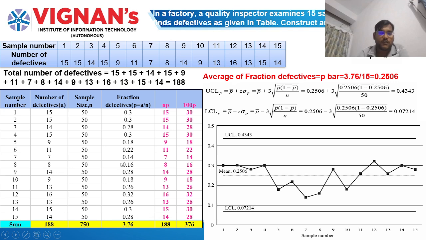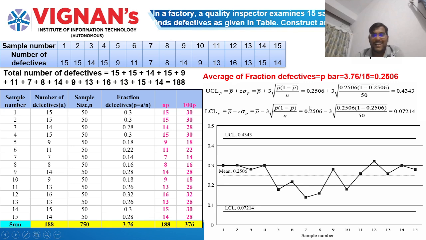So this is about the P chart. Sometimes they may ask you to find the values for the NP chart and the 100 P chart. Then you have to find the NP and 100 P values.